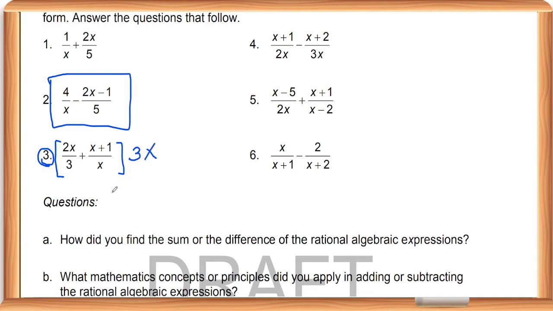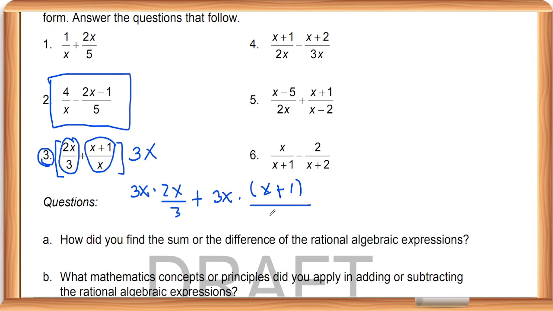So we multiply 3x. It would be 3x times, first, 2x over 3, and then plus, we multiply 3x by this, so we have 3x times (x plus 1) all over x.